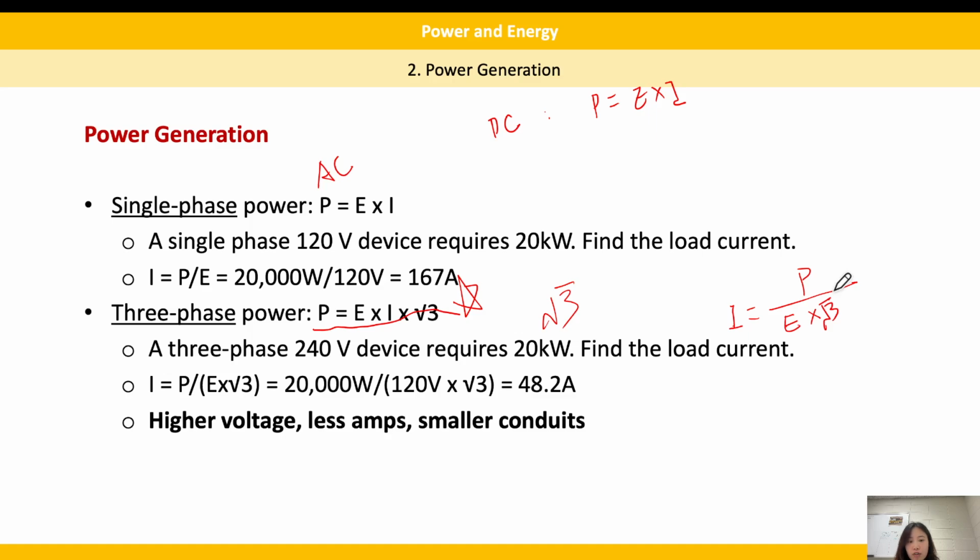So higher voltage, less amps, smaller conduits. You see, single phase has the higher amps and three phase has the lower amps in the calculation. Okay, so that's the difference between single phase and three phase.